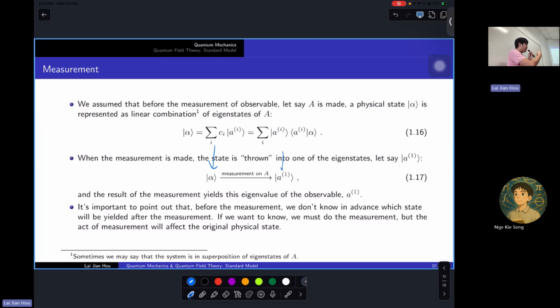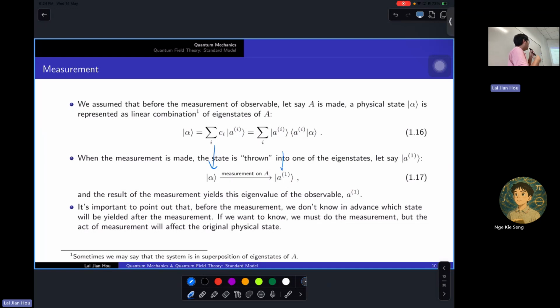It's important to point out that before the measurement we don't know which one it will be, because we have different possibilities. The physical state can be thrown into any of the eigenkets.